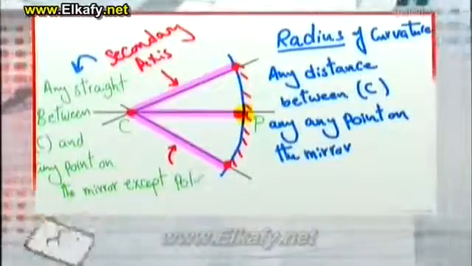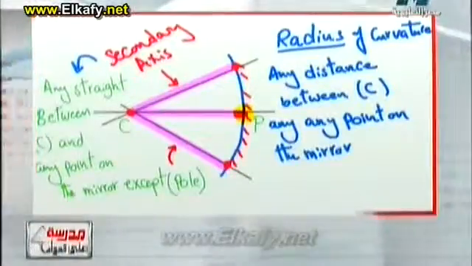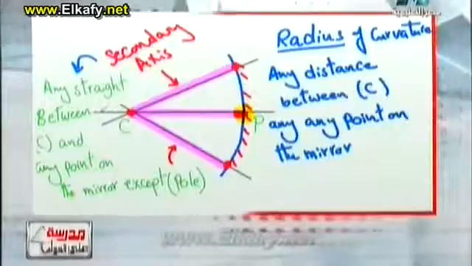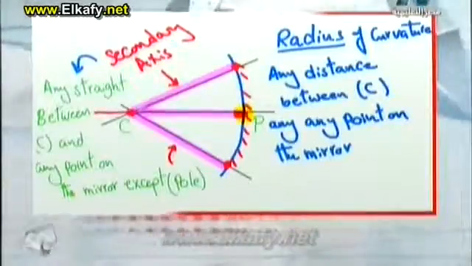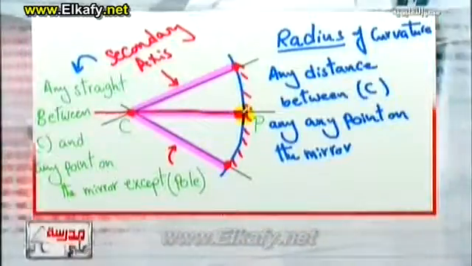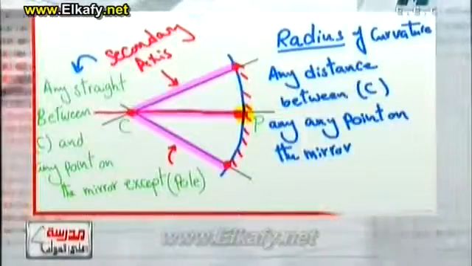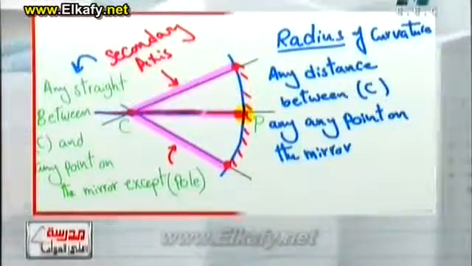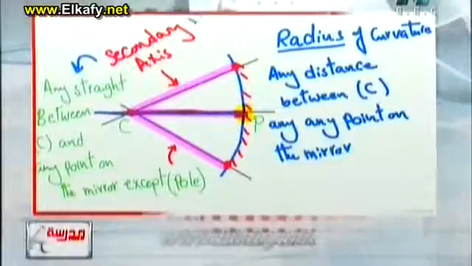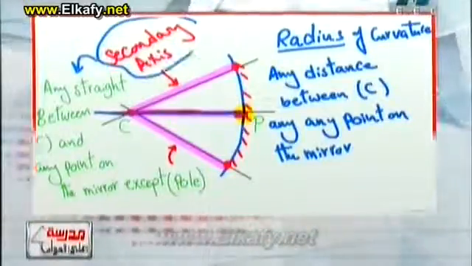Why? Because if we take a line from the center of curvature to the pole of the mirror like that, we have the principal axis. What is this line called? It is called the principal axis. And here we are talking about the secondary axis.